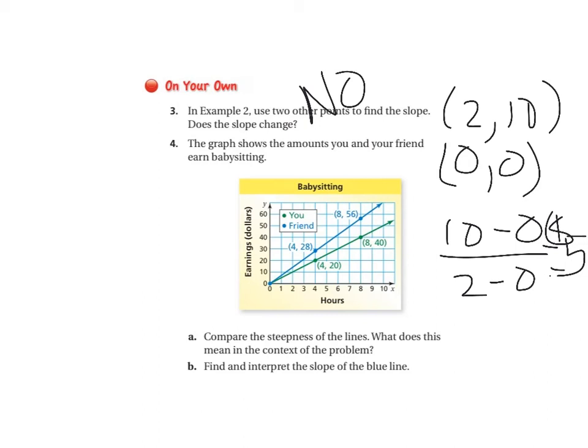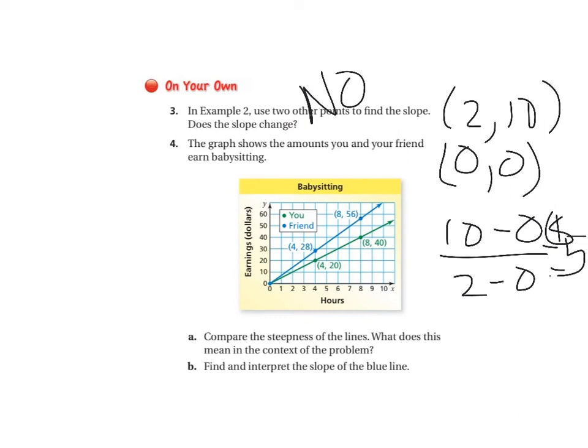If your line changes and it's not straight, or it's got a bend in it at some point, then yes, your slope will change. But if you have a straight line, it's not going to change. Then it says for number 4, the graph shows the amounts you and your friend earn babysitting. We've got the same amount that we earned back in example 2. It says compare the steepness of the lines. What does this mean in the context of the problem?